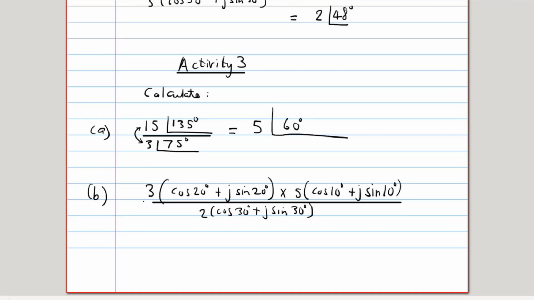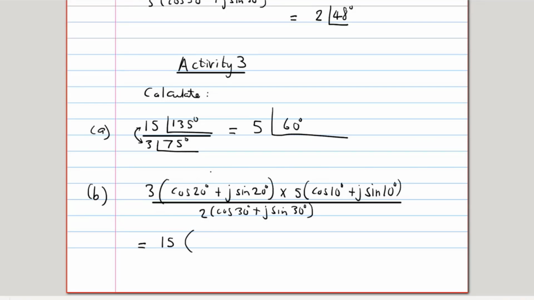Let's look at this one. Here, I would first propose that you multiply the top part before dividing. You can do any one first, it doesn't matter. It's up to you. You can first divide the first factor on top by the bottom one and then multiply, or you can first multiply the top out. So I'm going to multiply out the numerator. 3 times 5 is 15. And then I'm going to add those angles because I'm multiplying now.